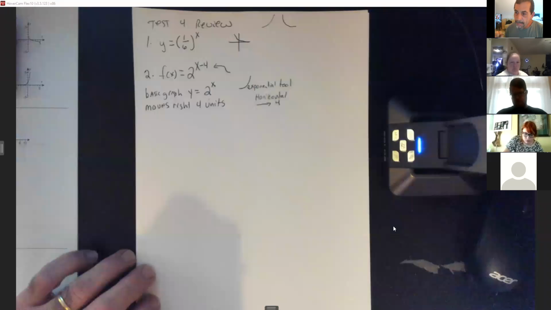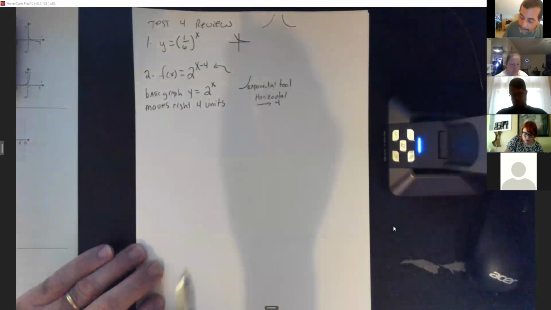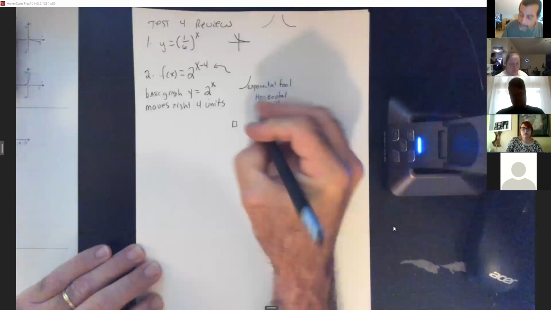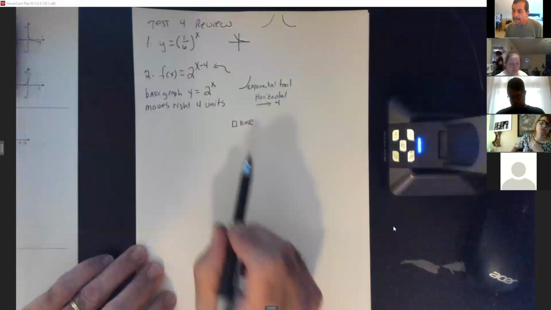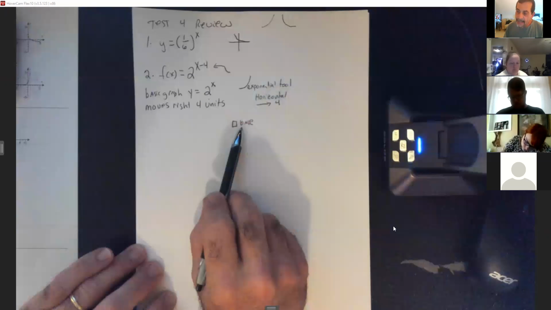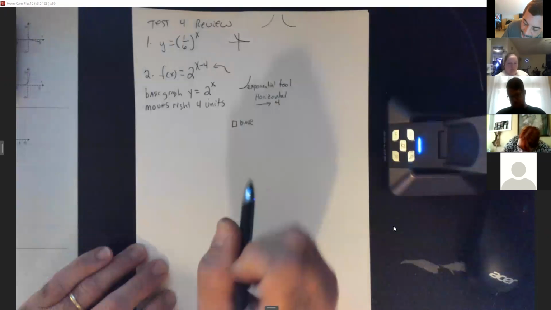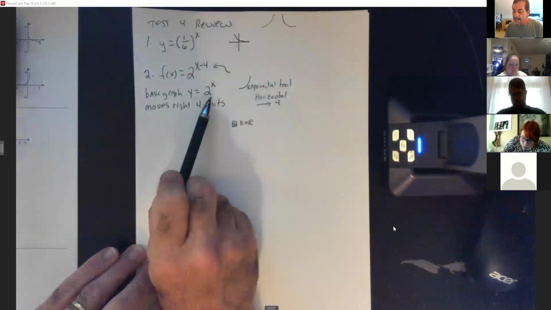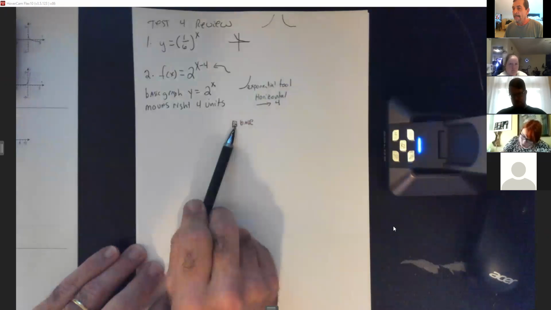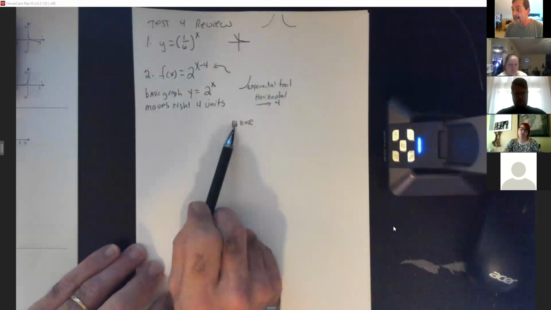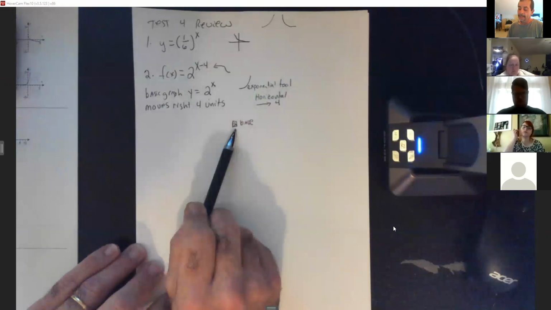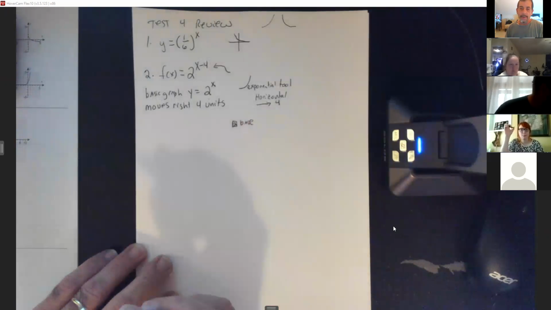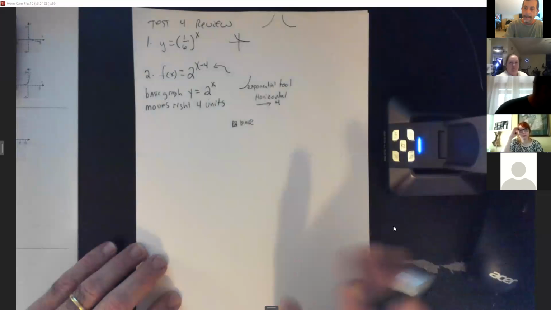And y'all, the most important thing that kills people is, remember, down in the bottom left corner, it's going to put base. And in that base box, you got to put the 2. Whatever your base is, you got to put in that box. By default, remember, it has an E in there, okay? So you got to change it from the E to what number you're using for the base, and then it'll graph it perfectly for you.